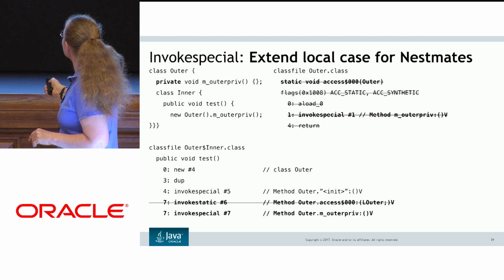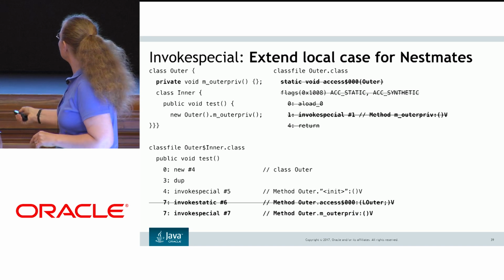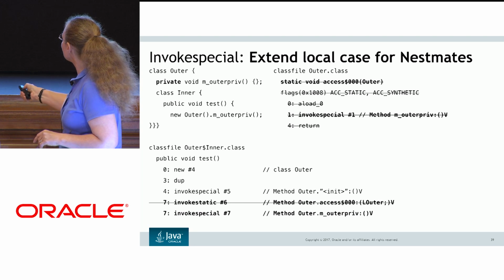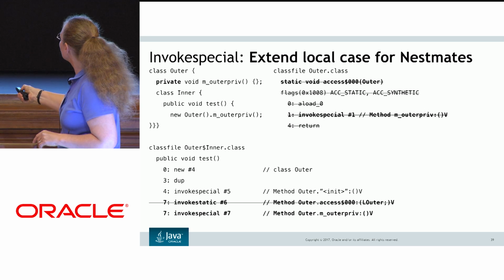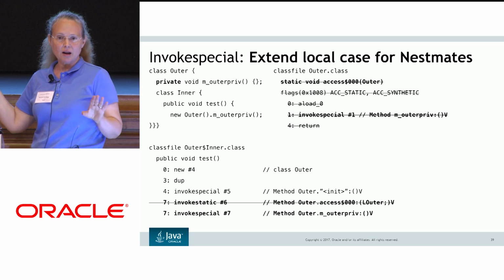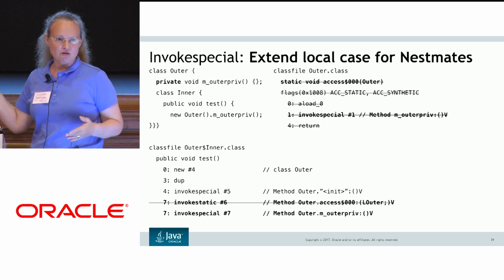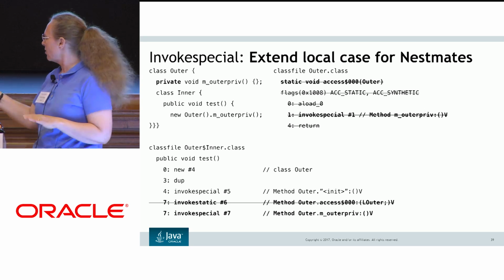With nestmates, we don't need this accessor, okay? It's not necessary anymore. Outer$Inner class is a nestmate of Outer. And behind the scenes, this will not change what the programmer sees, right? For most people, this will be transparent.